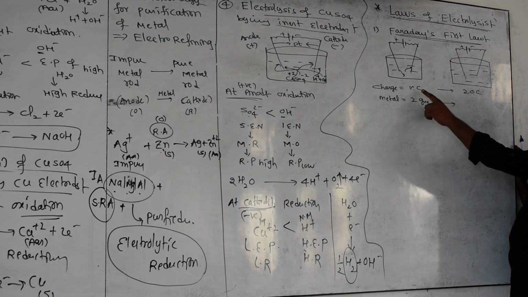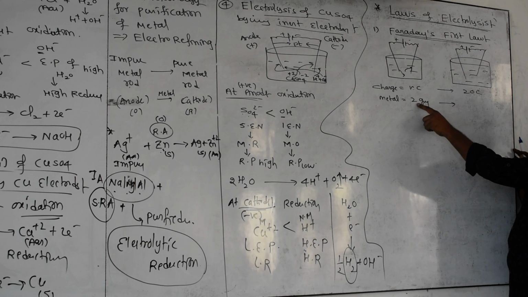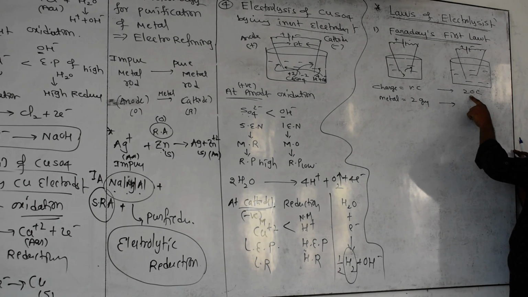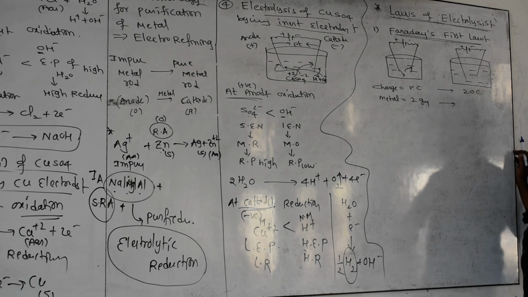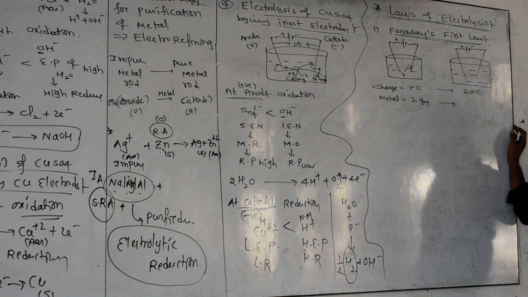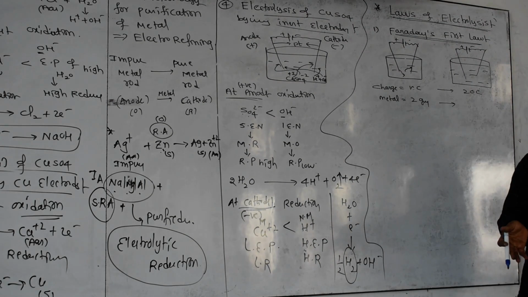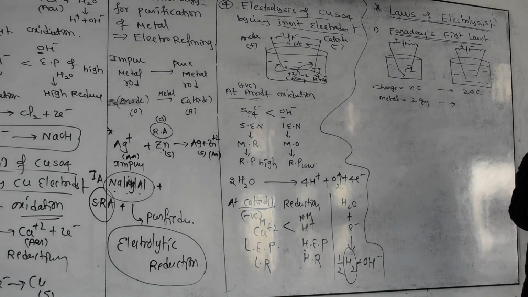By sending 10 coulombs, the metal deposited or dissolved was 2 grams, but with the changed battery I am indirectly sending 20 coulombs. Is there any change? Definitely there will be a change. Why? Because you are supplying more energy, so more of the chemical reaction will go on.